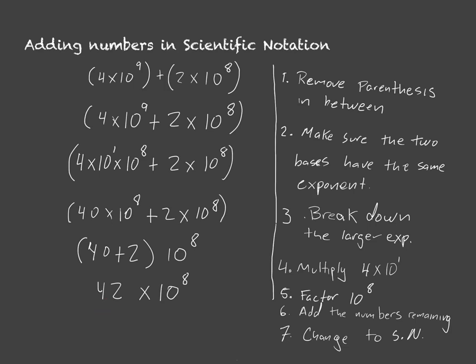So to do that, we're going to actually write this as 4.2 times 10 to the first times 10 to the 8th, and that's going to give you 4.2 times 10 to the 9th, and that will be your answer. So I'm going to box it right here. That is your answer.